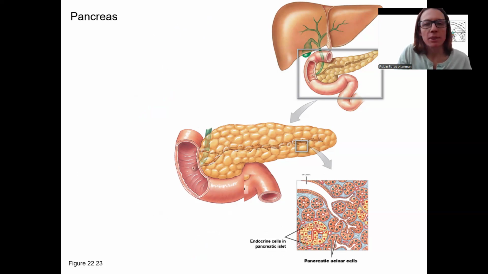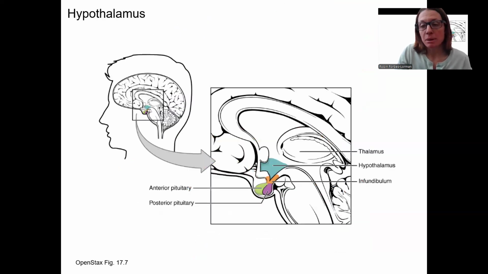So we are going to talk about the hypothalamic pituitary pathways, and they are a lot more complex. So this is going to be hormones in the hypothalamus, which is in the brain, just below the thalamus.